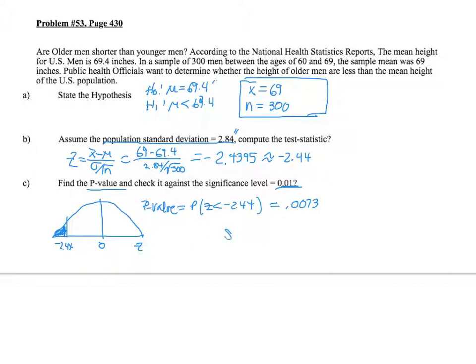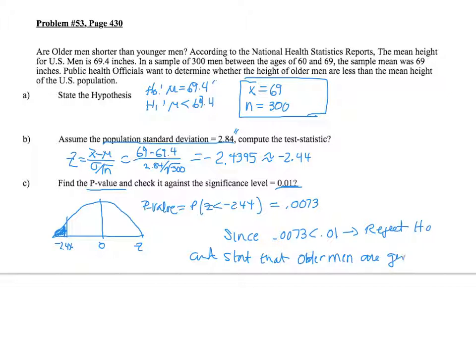And so now we're going to test it against that significance level. So since 0.0073 is less than 0.01, we reject H naught and state that older men are generally shorter.